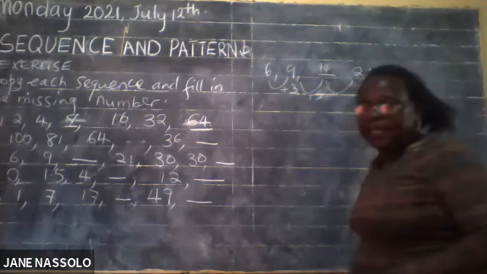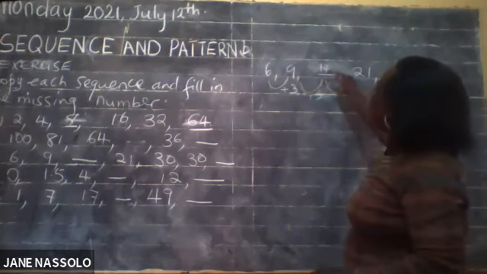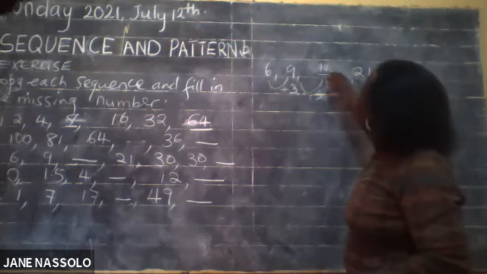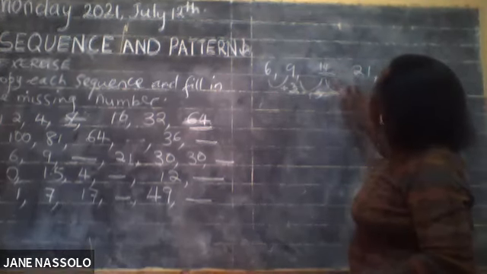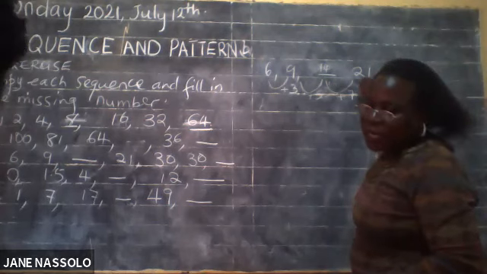If we add the next odd number, that will be 5. 5 plus 9, that will be 14. And from here, if we add the next odd number, we get 21. Is that correct?